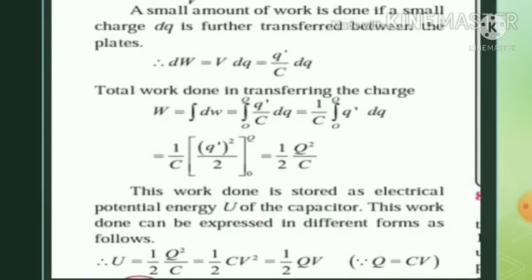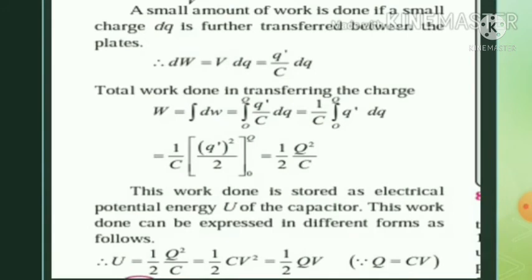After complete charging, the total charge stored in the capacitor is capital Q. Before starting the charging process, when the source of potential is off, the total charge on the plates of the condenser is 0.